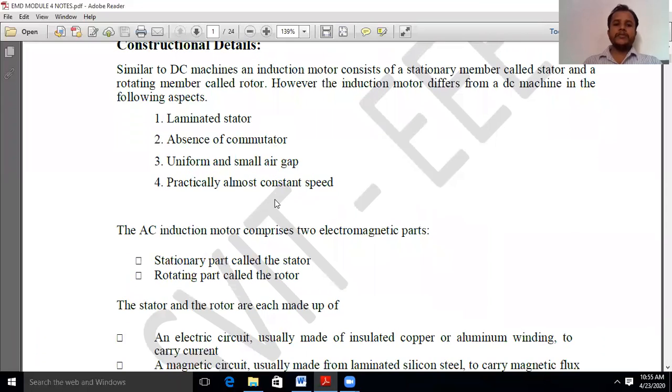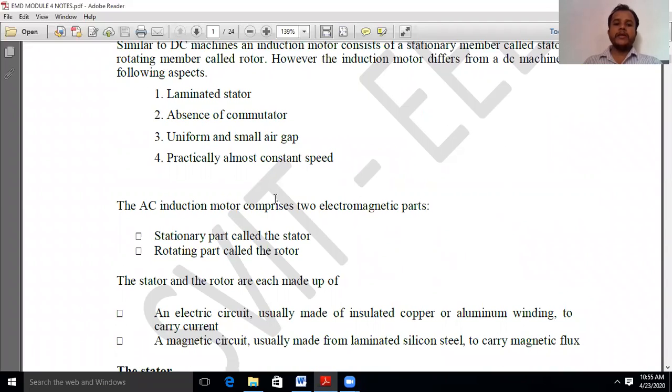Now the AC induction motor comprises two electromagnetic parts. One is the stationary part called the stator, and another one is the rotating part called the rotor.